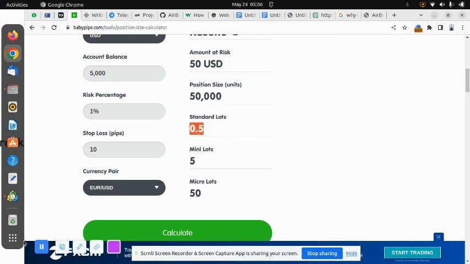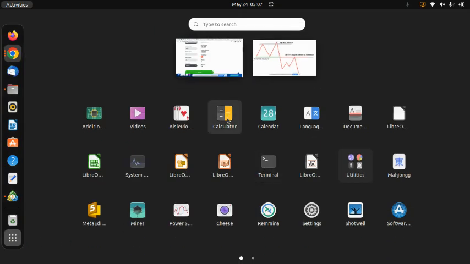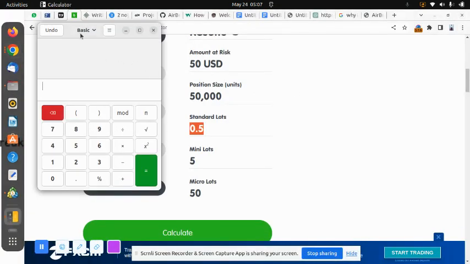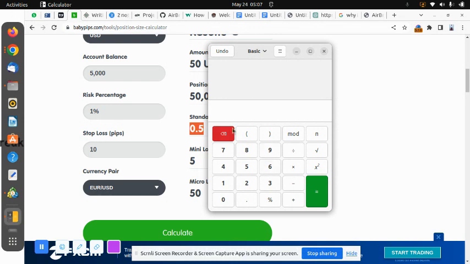So let's try another amount so you don't think maybe we just guessed this. Let's say you have a $10,000 account and you are willing to risk 2% of it. 2% of $10,000 is $200, right? And what you are willing to risk in pips, let's say 30 pips.